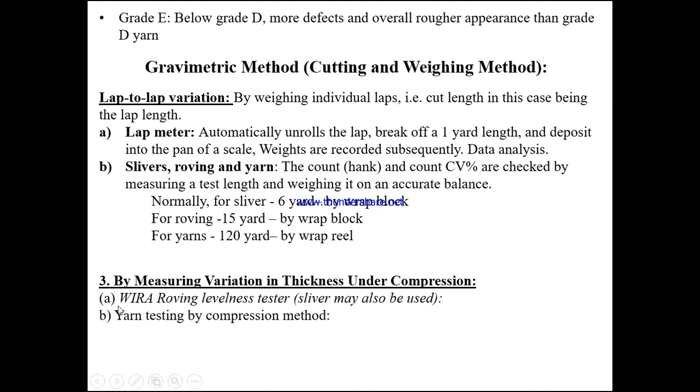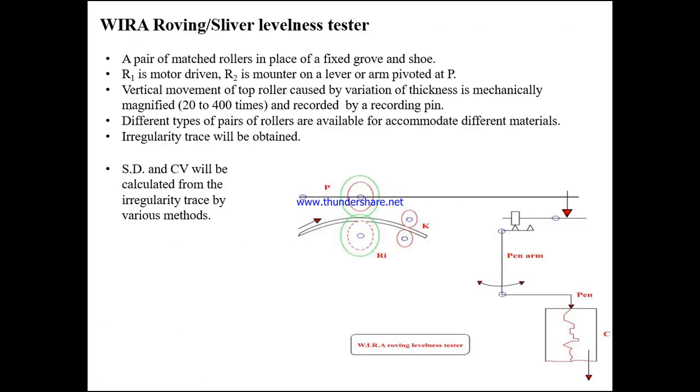Now the next method is measuring the variation in thickness under compression. In the case of the WIRA roving levelness tester, the compression method is used, and yarn testing is also done by the same method. Here you can see the device for the roving or sliver levelness tester.